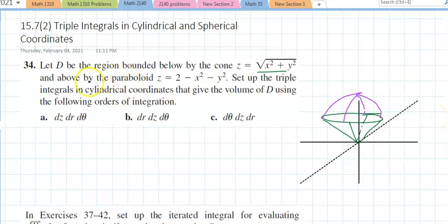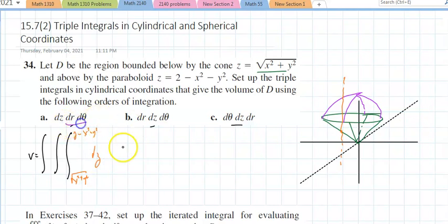So if I want to set up a triple integral, in this case they specified cylindrical coordinates. Well, if I look at the triple integrals, in part A, I'm running dz, so I know that z runs from the bottom and exits out of the top, and that's going to be dz.